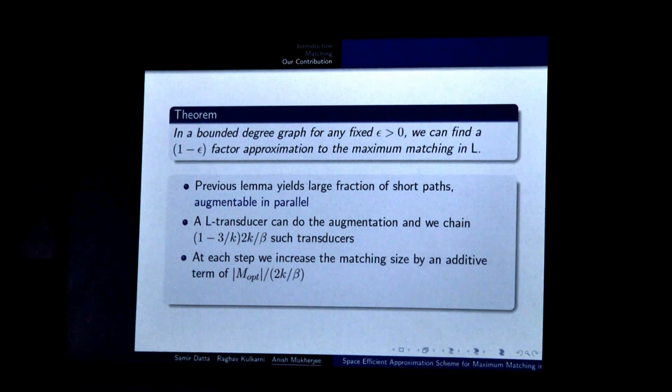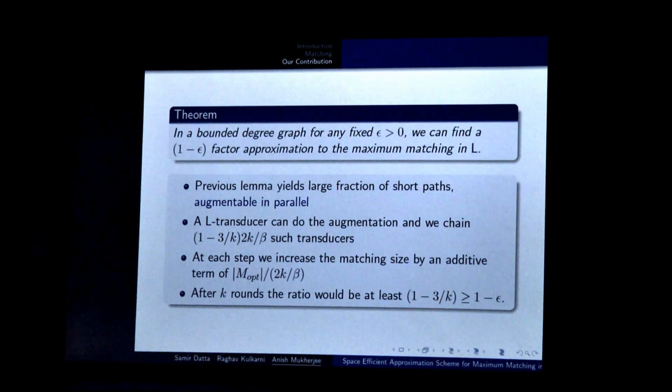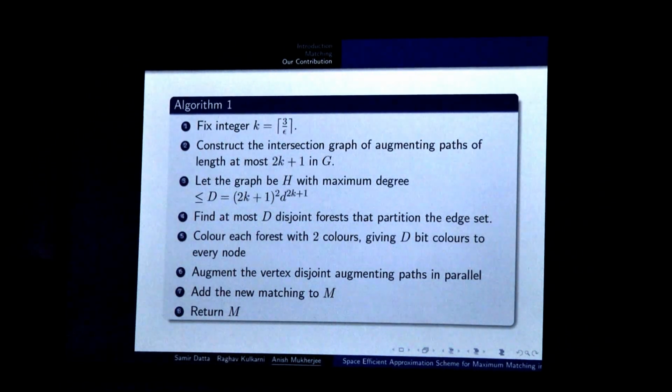And we increase the matching size by some linear fraction of the optimum matching. After k rounds, we get a 1 minus epsilon fraction. And since these are constantly many transducers, these are Logspace computations, and we have that. So this is just the algorithm, briefly, very simple, modulo Langford's algorithm.